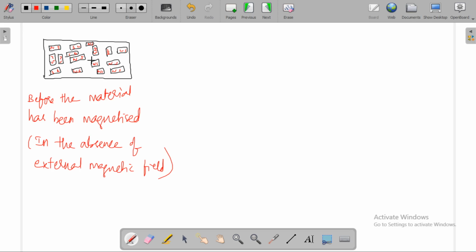Here the net magnetic field will be zero, as all are distributed randomly.